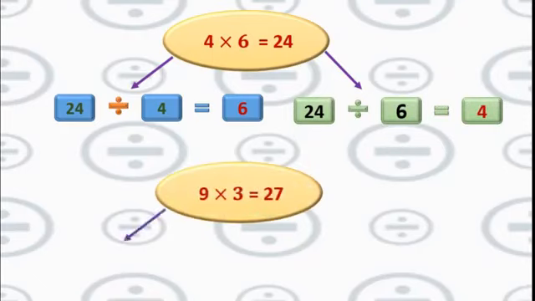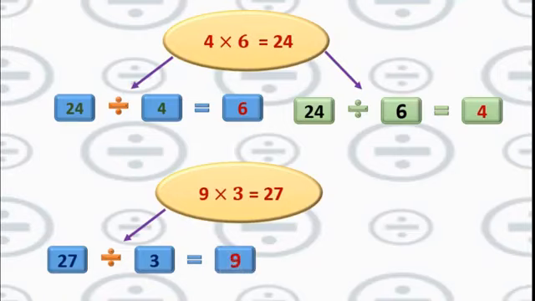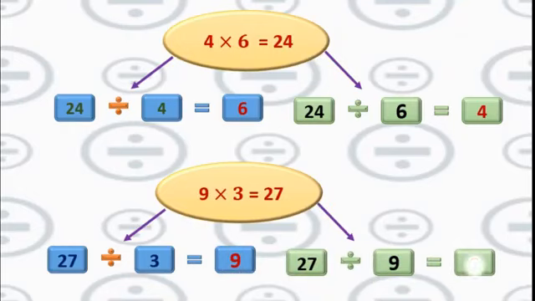Next. Very easy it is, so I am going a little fast. 27 divided by 3 is equal to 9. Second one, 27 divided by 9 is equal to 3. Isn't it?